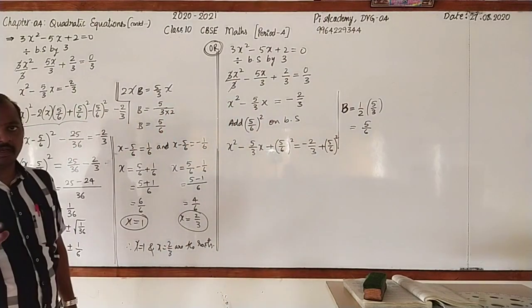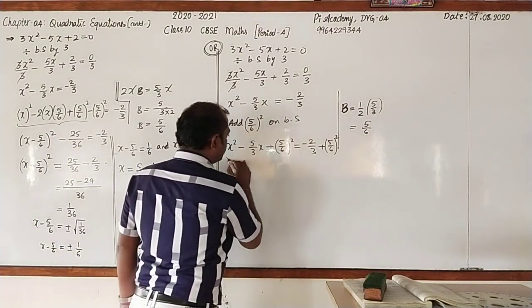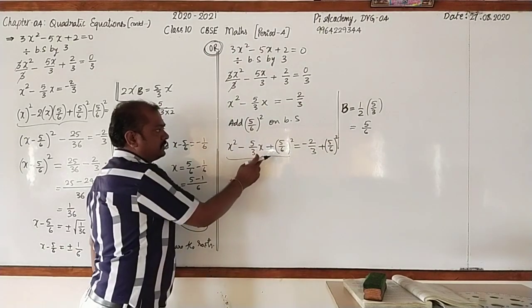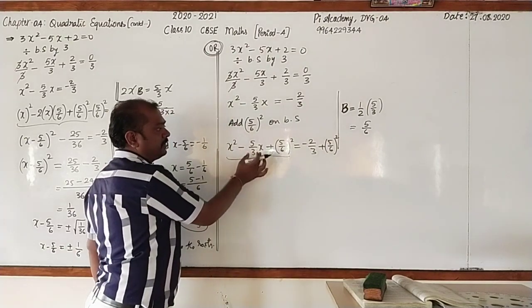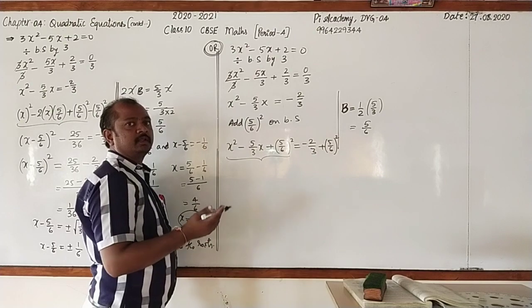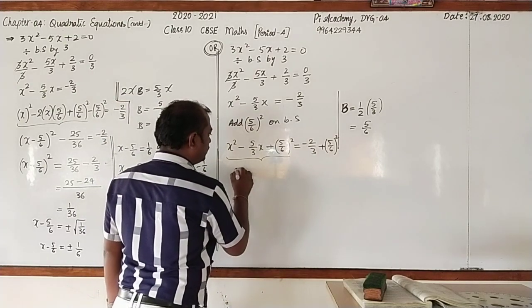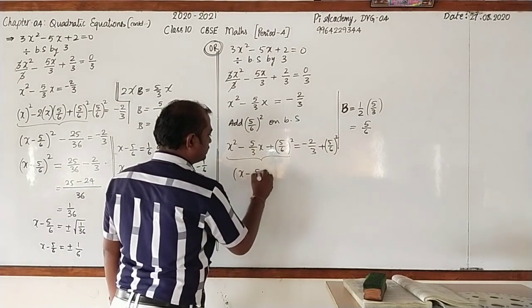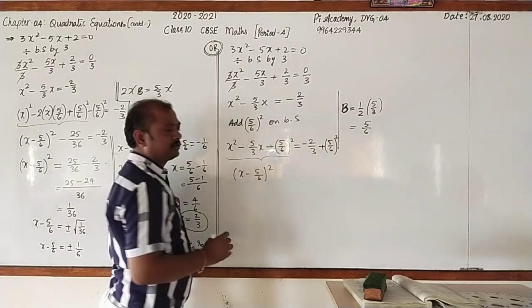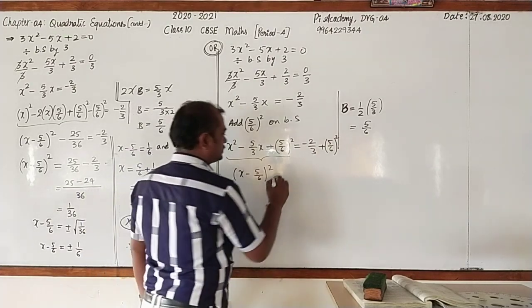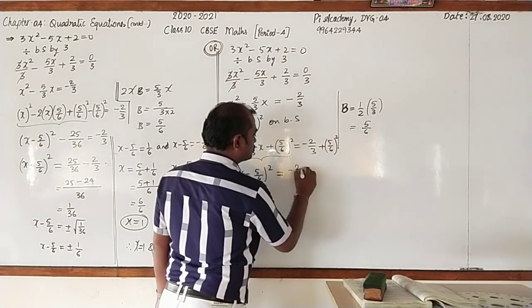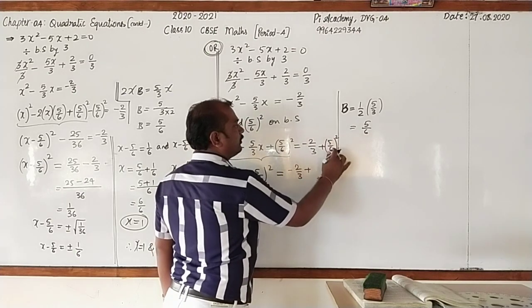Clear? Now observe, it is of the form a square minus 2ab plus b square, which can be written as a minus b whole square, x minus 5 by 6 whole square. Did you understand? Yes. It is equal to minus 2 by 3 plus 5 by 6 whole square.